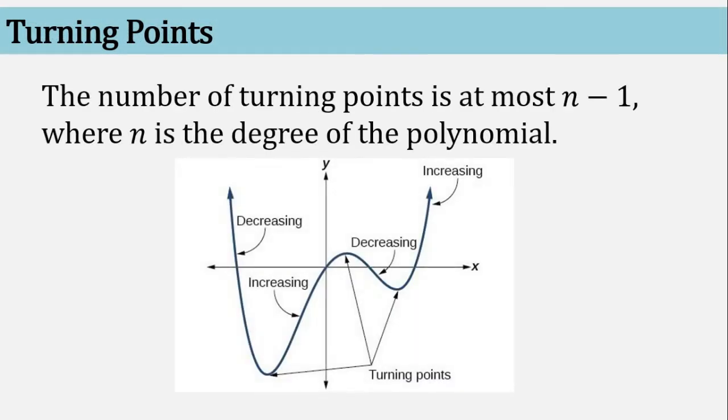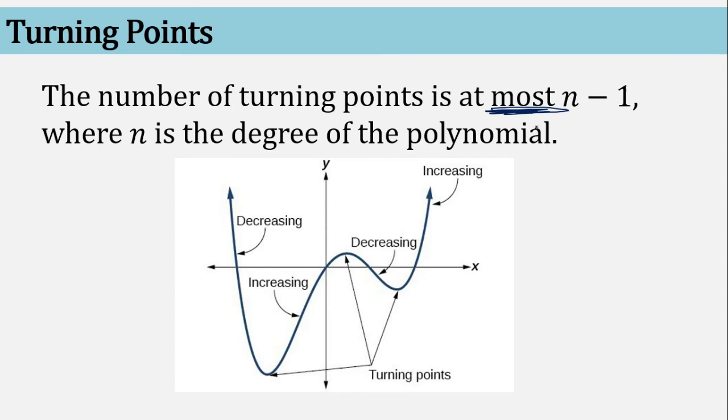Now let's proceed to turning points. The number of turning points is at most n minus 1, where n is the degree of the polynomial. Meaning, just take note of the term "at most."